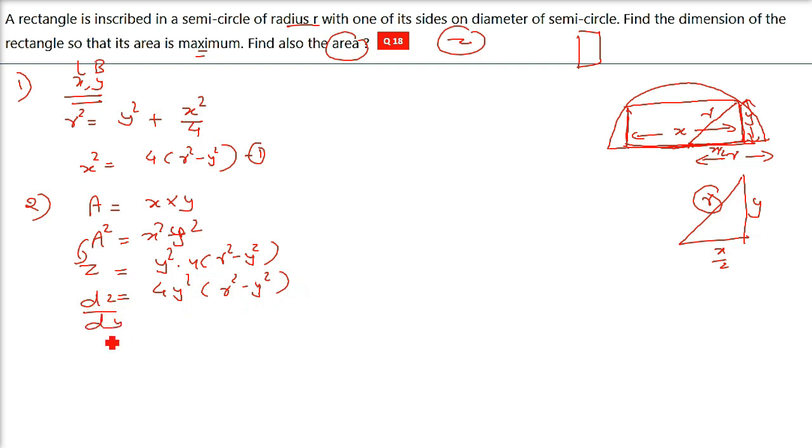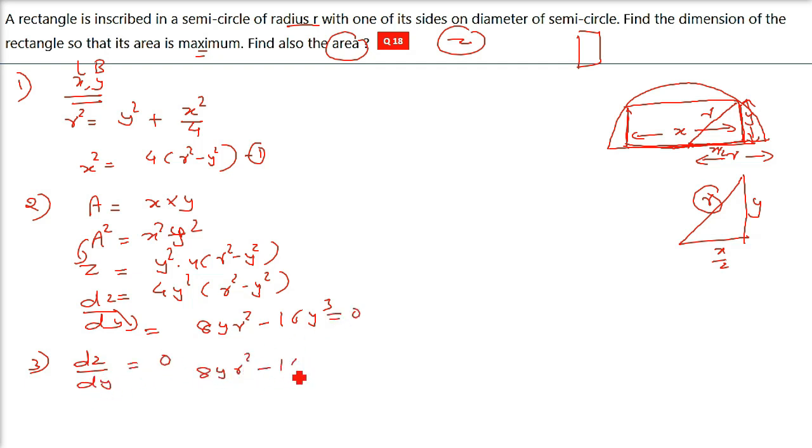This is z. Now the next step is setting the differentiation equal to 0. For that we need to differentiate this. And once we differentiate it, what do we get? This is 8y r square minus 16y cube. And the third step, the continuity step, is to have a 0 on the right hand side.